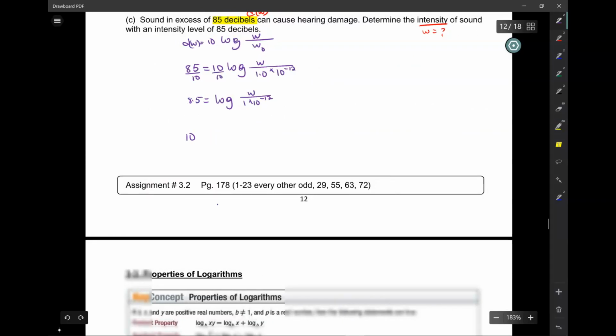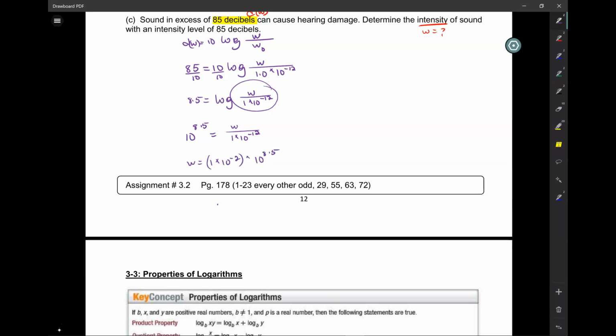So 10 to the power of 8.5 equals this, right? That's the power. W over 1 times 10 to the negative 12. So finally, W is 1 times 10 to the negative 12 times 10 to the 8.5.